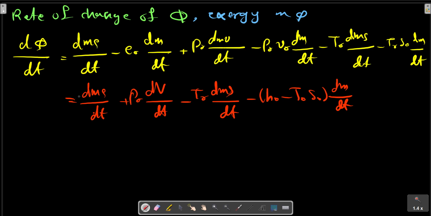In this relation, we use the expression H0 equals E0 plus P0 V0.